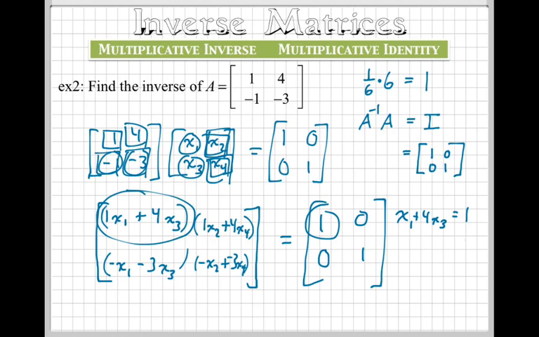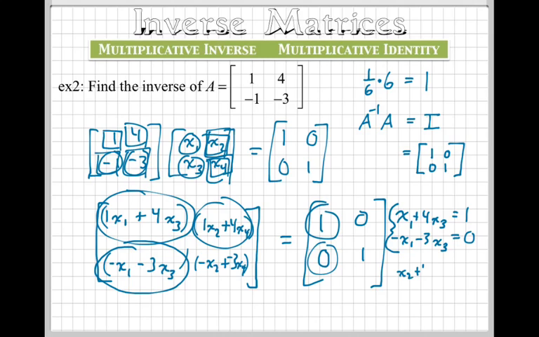And then the other expression, with the x sub 1, x sub 3, would be negative x sub 1 minus 3x sub 3 equals 0, because that number corresponds with it. So that's one system. And then the other system would be x sub 2 plus 4 x sub 4 equals 0, because 0 corresponds with it. And then for this expression, it would be negative x sub 2 plus negative 3x sub 4 equals 1. And there's your other system.